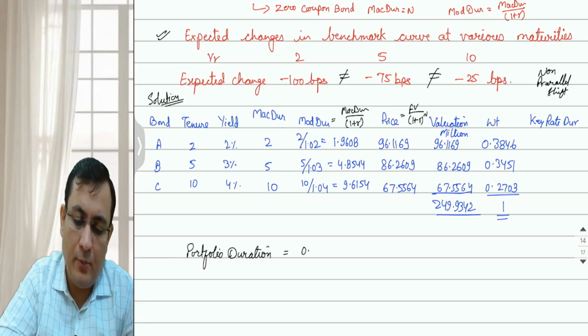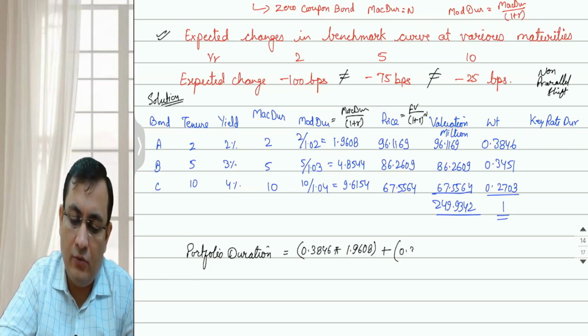What we will be doing: 0.3846 multiplied by 1.9608 plus 0.3451 multiplied by 4.8544 plus 0.2703 multiplied by 9.6154.